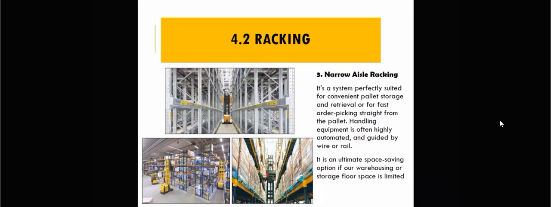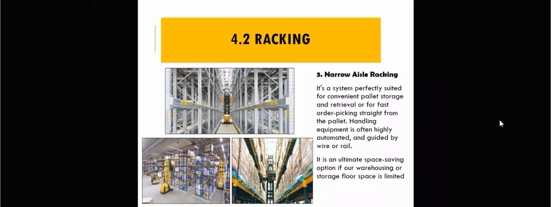Okey, yang ini pula, yang nombor 3, narrow aisle. Maknanya narrow ni sempit lah. It's a system perfectly suited for convenient pallet storage and retrieval, or for fast order picking straight from the pallet. Handling equipment is often highly automated and guided by wire or rail. Ni lain pula susunan dia.